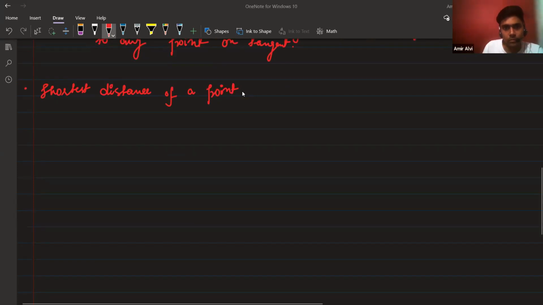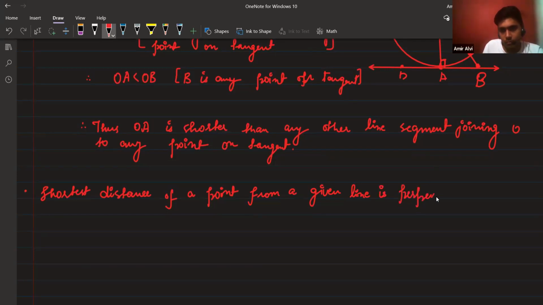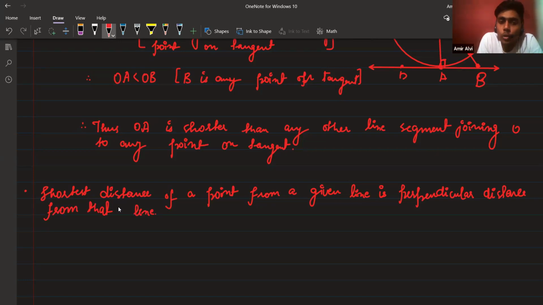Whenever we measure the shortest distance from a line to a point, it's always the perpendicular distance.